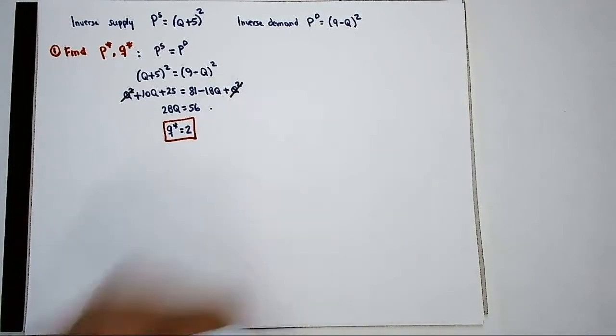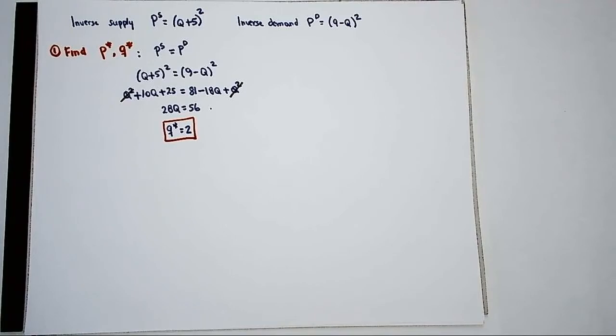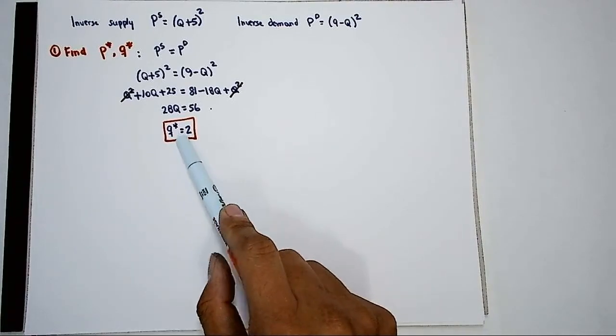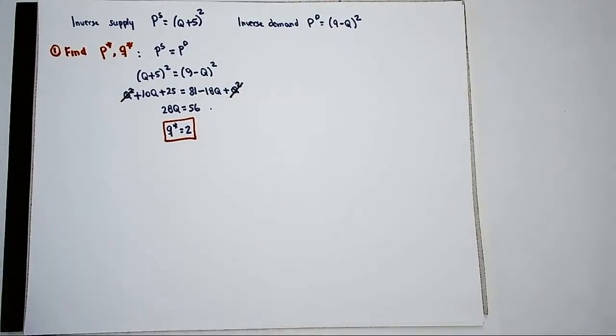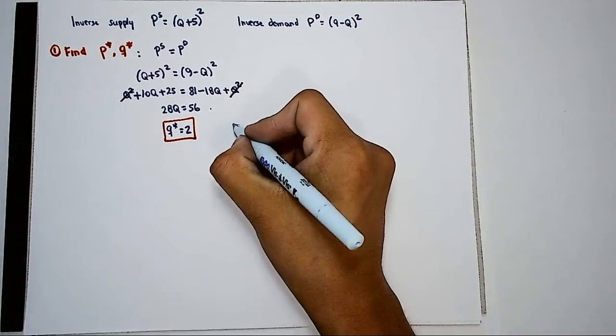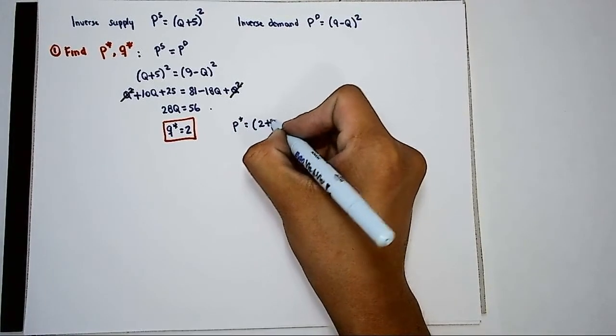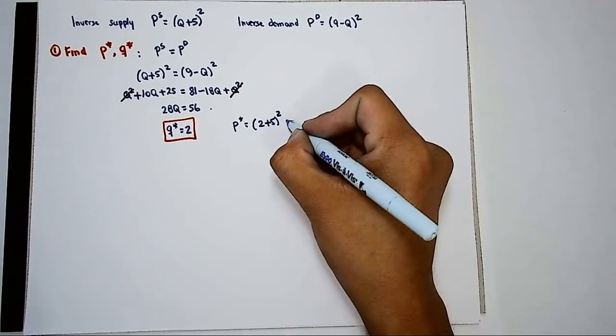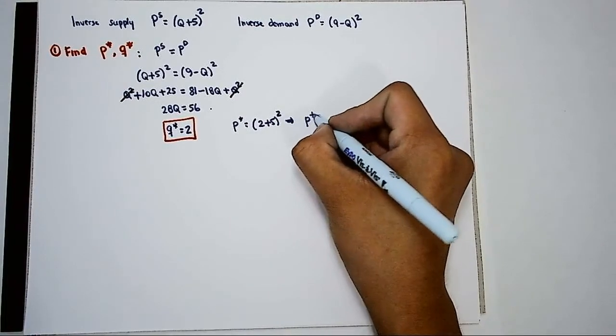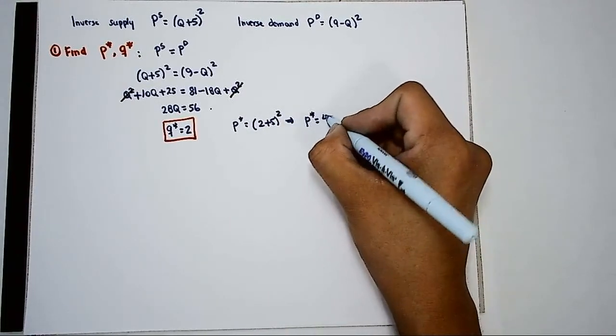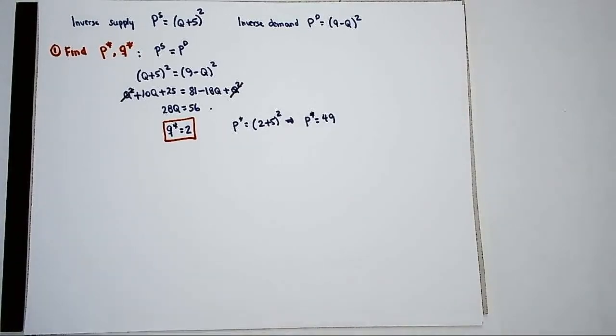In order to obtain the price at equilibrium, we can replace this Q in the supply or the demand. Let's replace it in the supply. This is (2 + 5)², and therefore our price at equilibrium is 49.